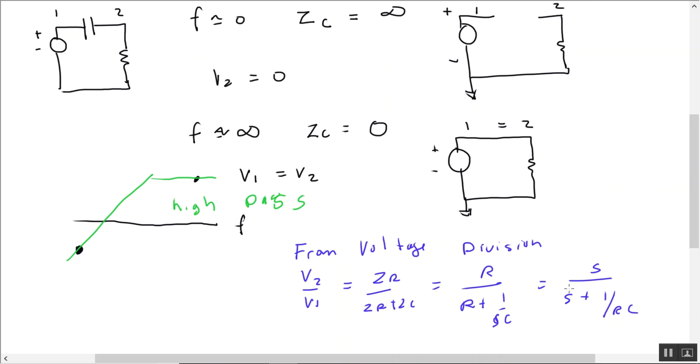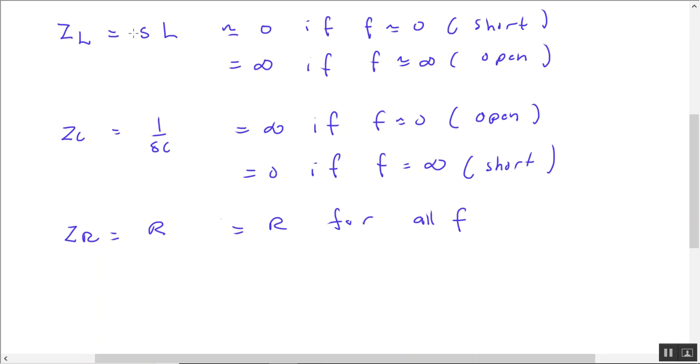At high frequencies, is the capacitor open or a short, or the inductor open or short? So in summary though, right, ZL, that's just S times L, and that's 0 if the frequency is 0, and it's infinity if the frequency is infinity, right? The capacitor we just did, and notice they're opposite, and the resistor never changes, right?